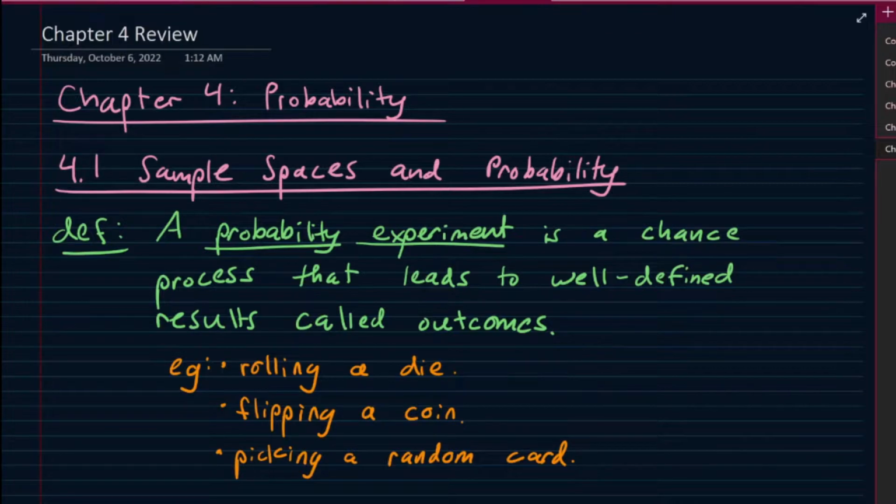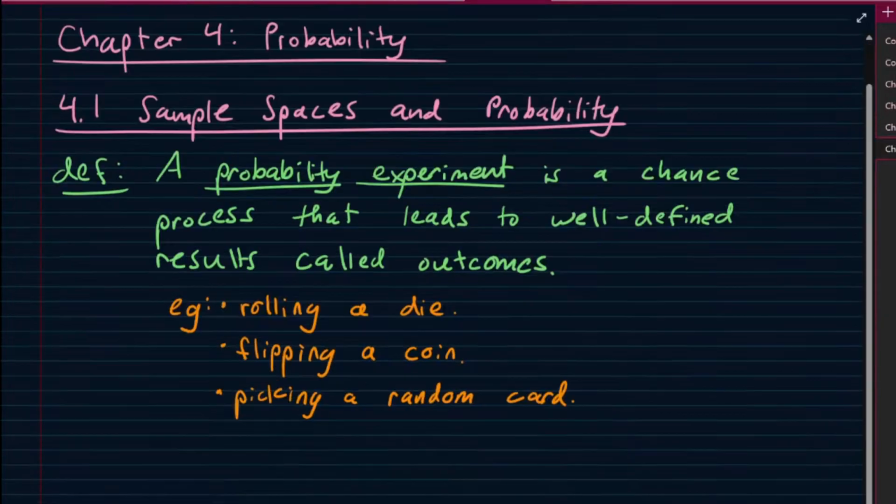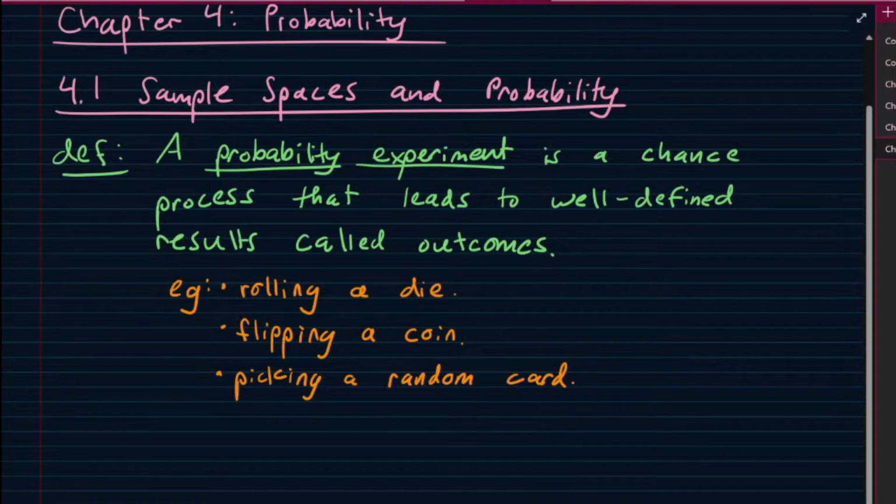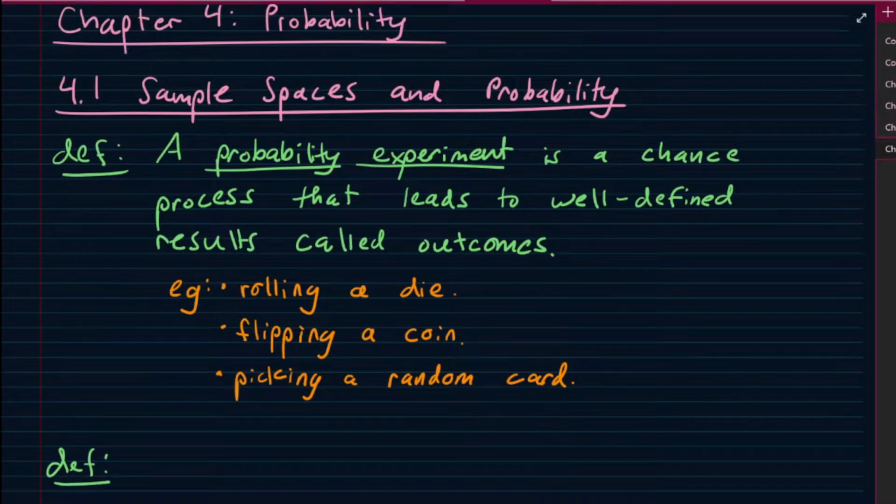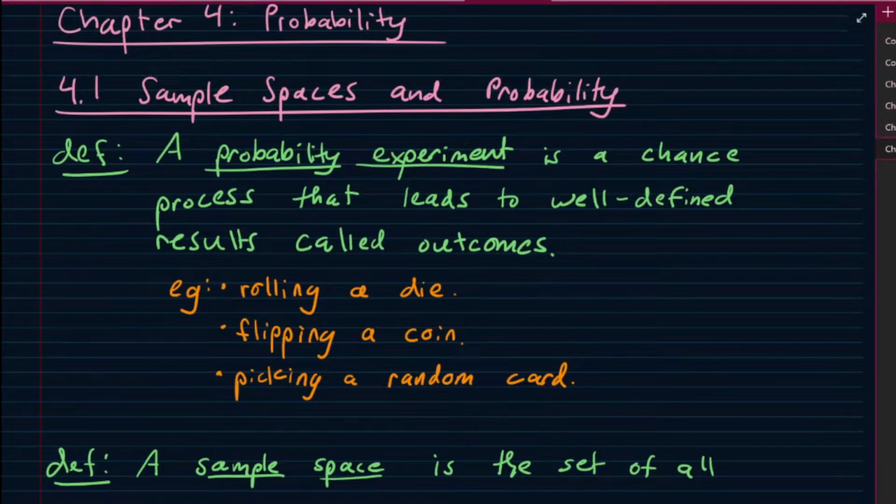Okay, and the sample space of a probability experiment, it's the set of all possible outcomes in a probability experiment.